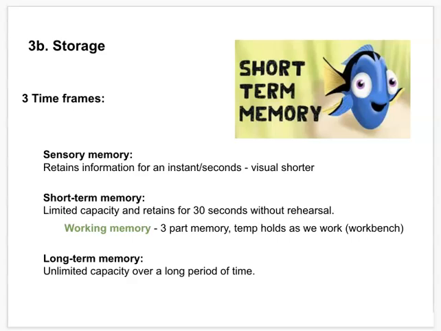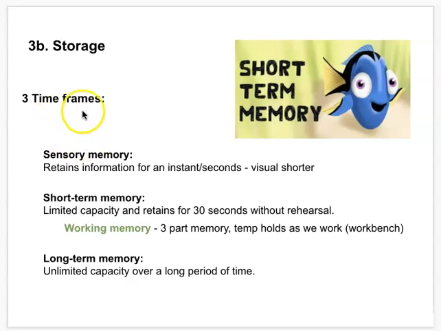It's the working space, before it gets into long term. It's between long term and sensory, and it's the workspace. From working memory, it's going to be drawing on things, bringing them out from long term, and having new information coming in. It's the workbench. We're going to talk a little bit more about that.